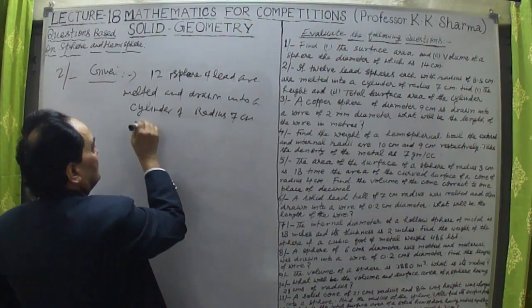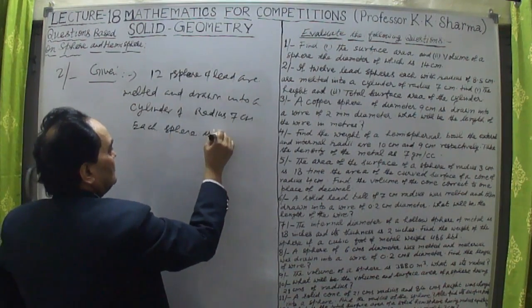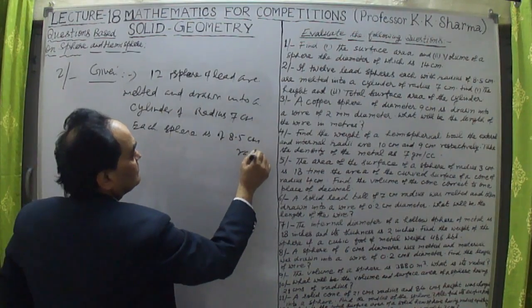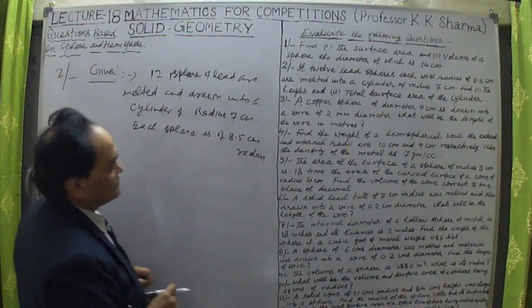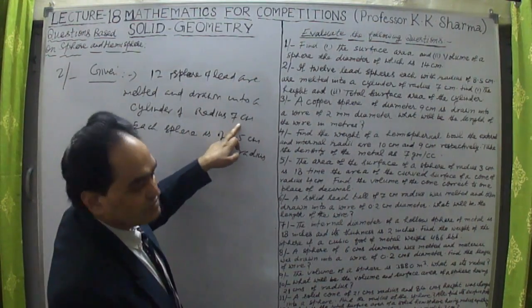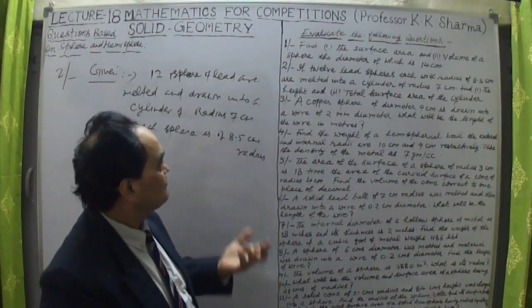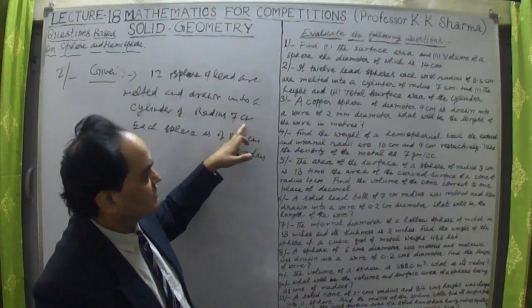Each sphere is of 8.5 centimeter radius. And radius of the cylinder in which these 12 spheres are melted into is 7 centimeter radius.